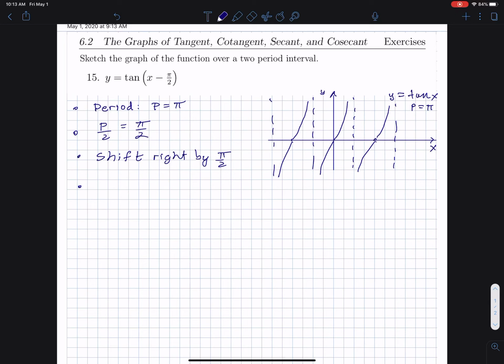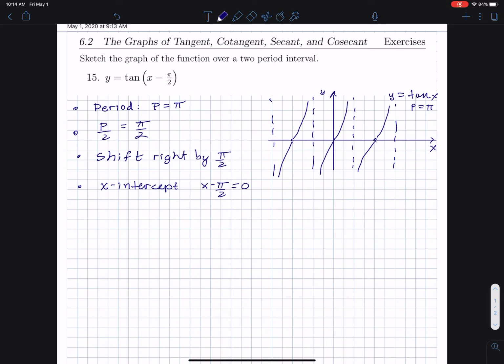I can find an x-intercept, I'll just say an x-intercept, by taking x minus pi over 2 and setting it equal to 0. Tangent of 0 is 0.